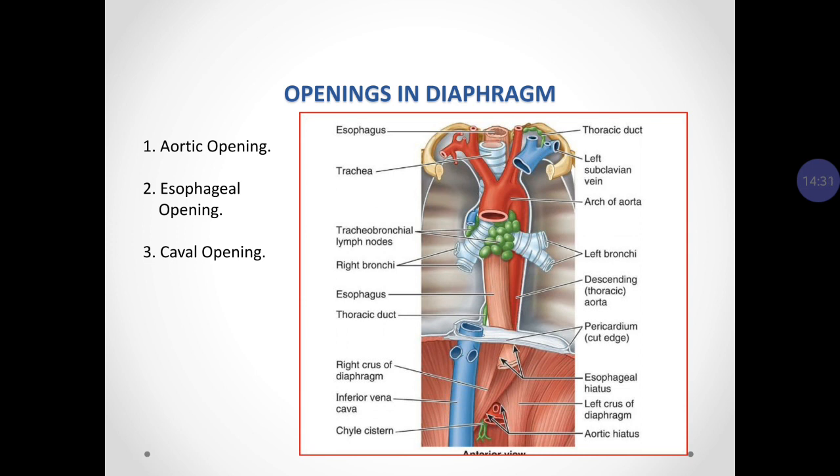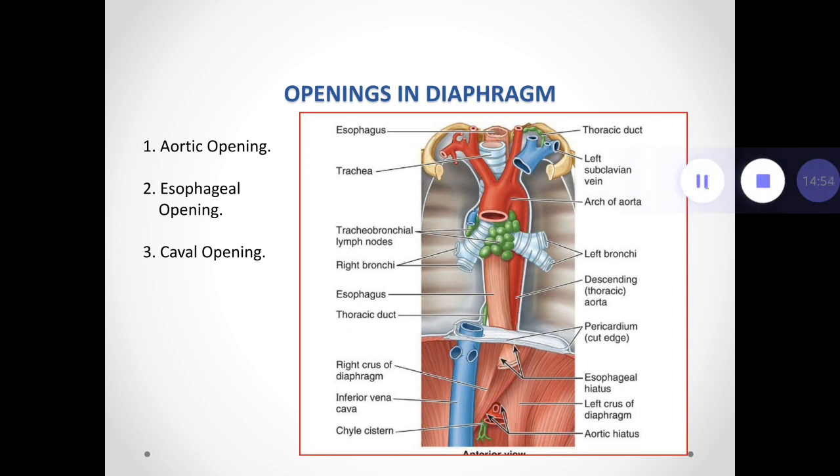For example, number 1, we have the aortic opening. Number 2, we have the esophageal opening. And number 3, we have the caval opening. In addition to these openings, there are other small openings in the diaphragm for other small structures. But for your purpose, these 3 openings are the main openings that you should be very clear about.